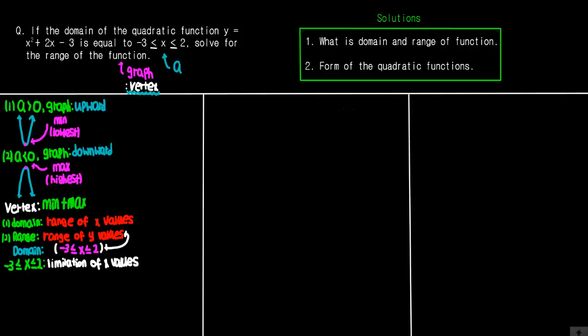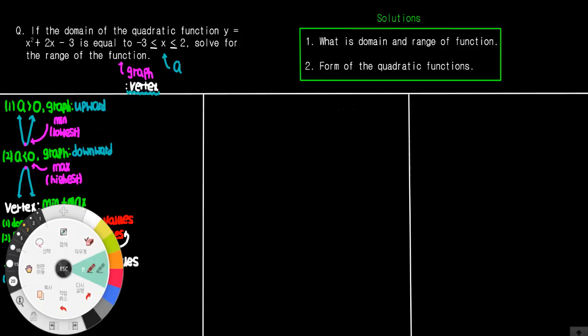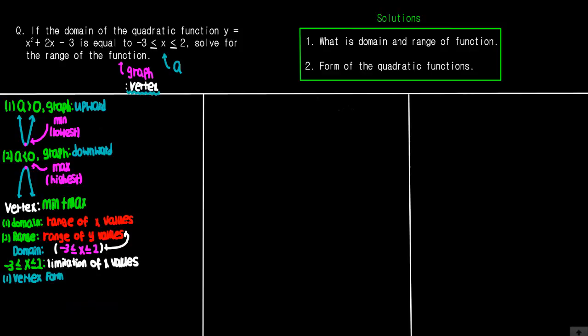First of all, let's review what we did in how to solve for our vertex in our quadratic function. The first way to solve for the vertex in the last video was to use the vertex form, a form that we convert from our standard form. The vertex form is y is equal to a times x minus p squared plus q.